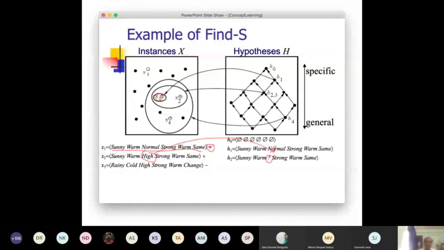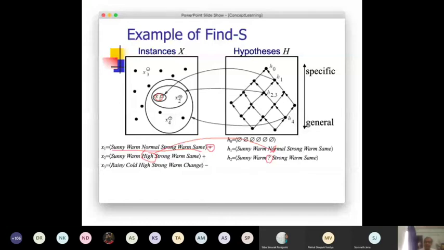So what should you do? Whatever hypothesis you have chosen, they only satisfy the set of positive examples.